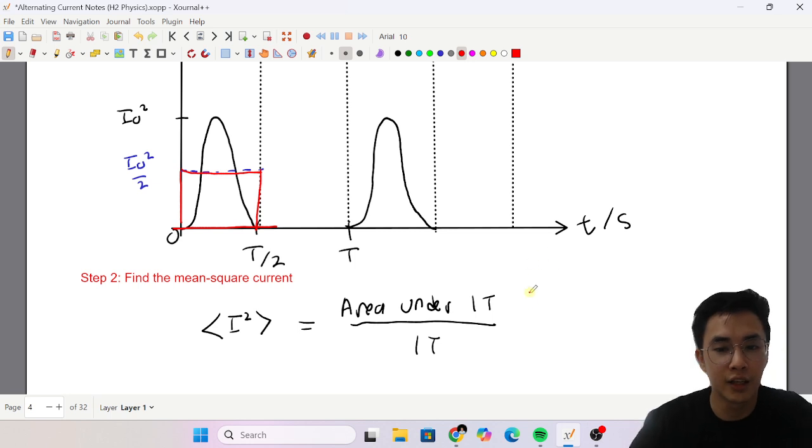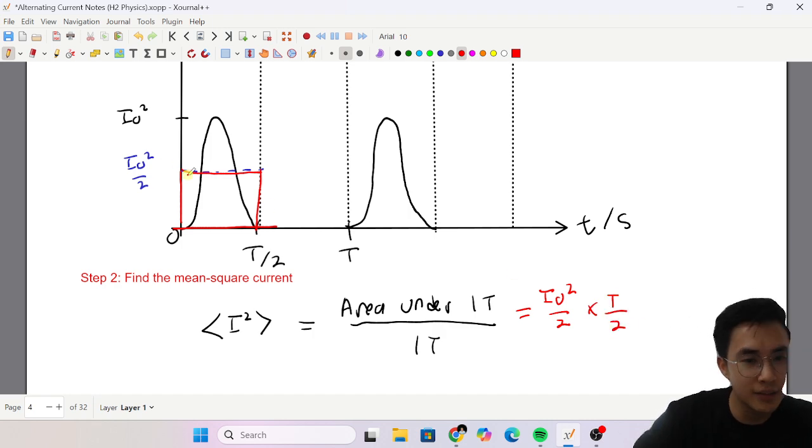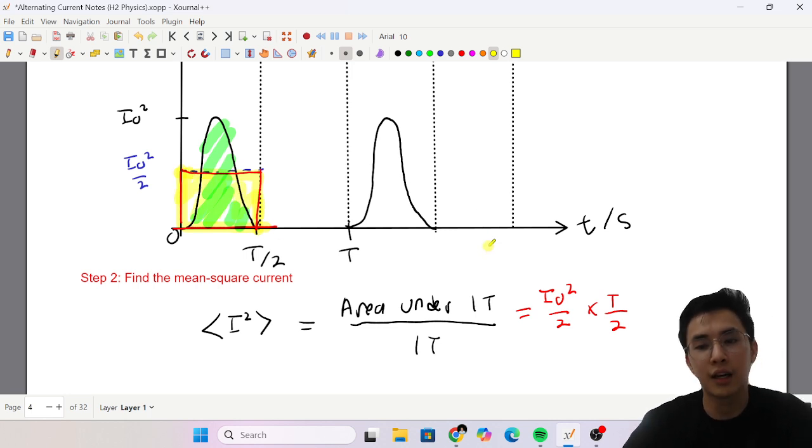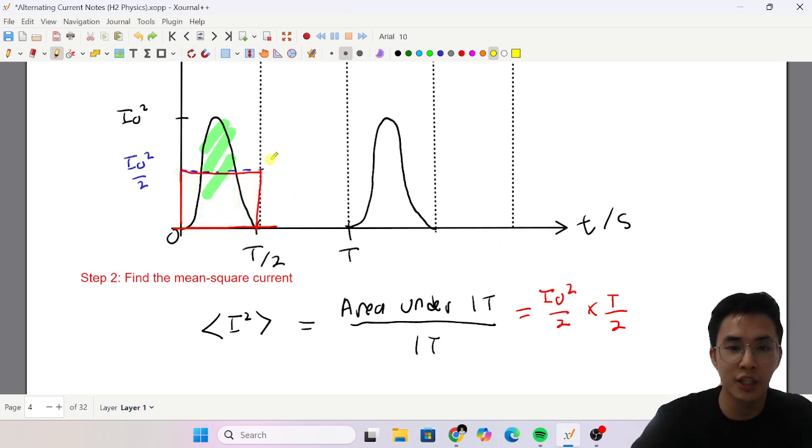Very nice. So what is the area of that box? It's just I naught squared over 2 times T over 2. So that's the area under the graph of this part. The green is equal to the yellow, which is here. So from there I found the area under that section already.